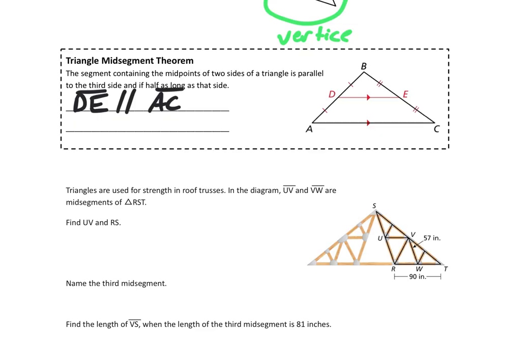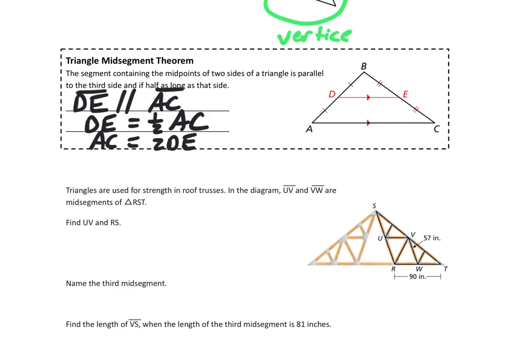The second thing that will be true is that DE will be half of AC. Or you could say AC equals 2 times DE. Either one of those would work, okay?